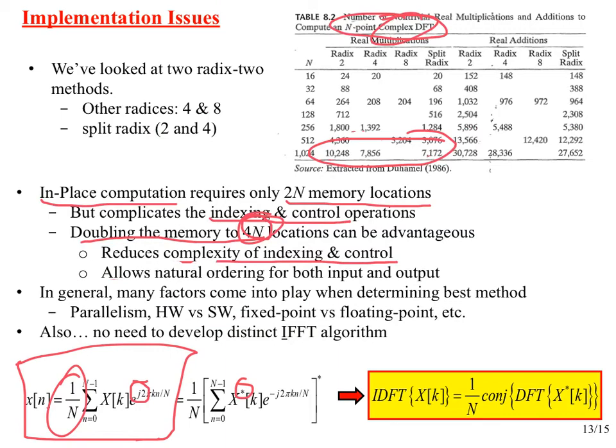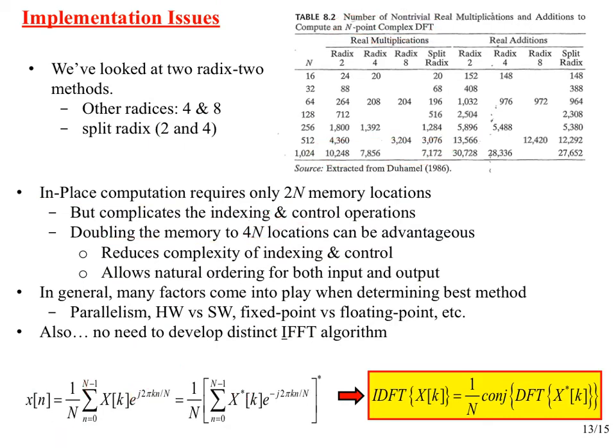So we can rewrite this. Let me clear this off here. We can rewrite this way: we put a complex conjugate around the whole shebang, then we put a complex conjugate on just the DFT result.